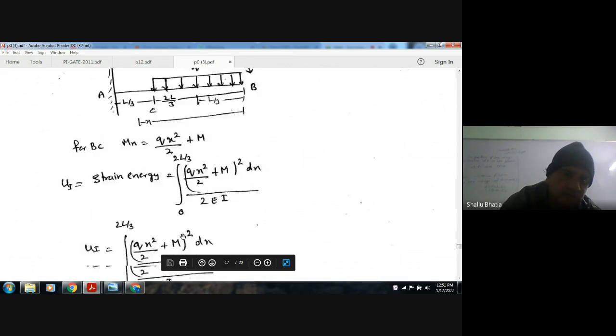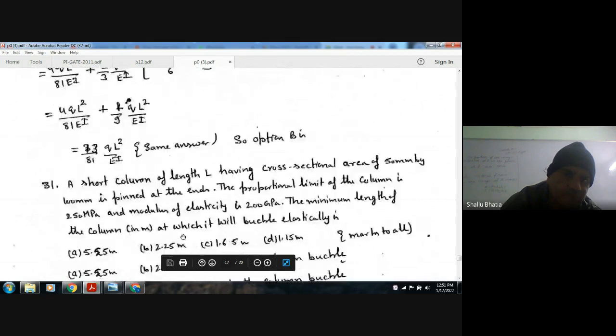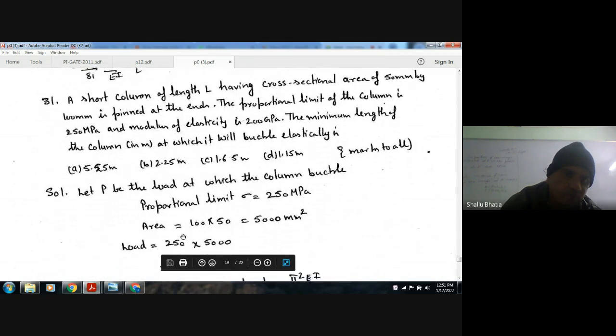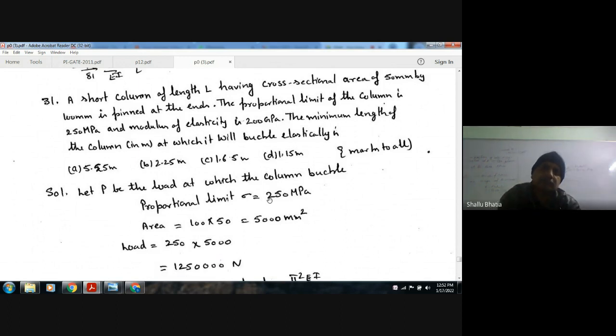Okay, next. A short column of length L. In this question, the marks are also given to all. A short column of length L having cross section area of 50 mm by 100 mm is pinned at end.